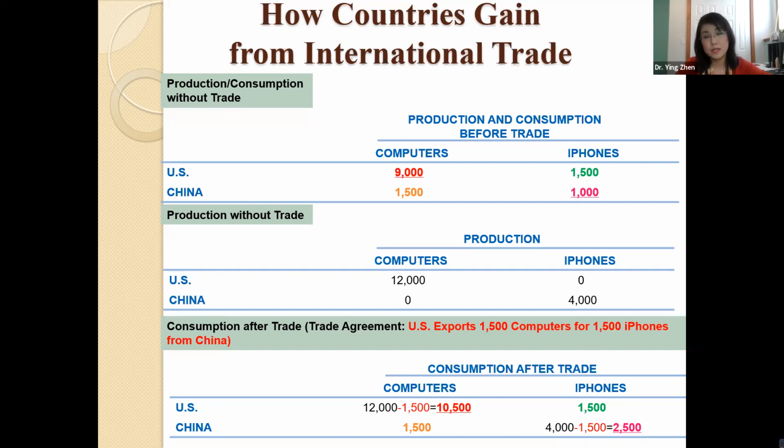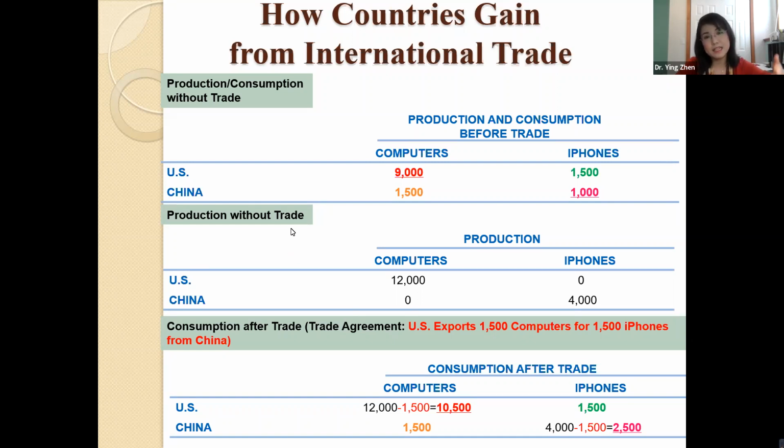So that is the autarky situation. And then even if one country has an absolute advantage in producing both, should they still trade? So this would be a move from absolute advantage to comparative advantage.